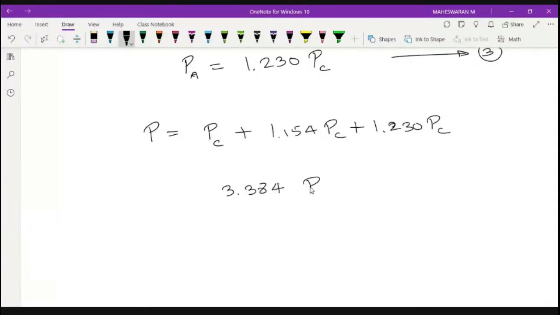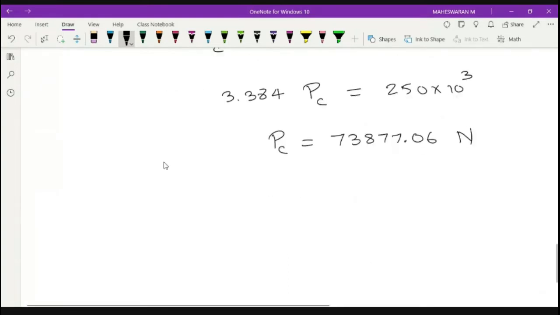So 3.384 PC is equal to 250 into 10 power 3, converting kilo into Newton. PC is 250 into 10 power 3 divided by 3.384, around 73,877.06 Newton, or 73.87 kilonewton. This is my load in copper.